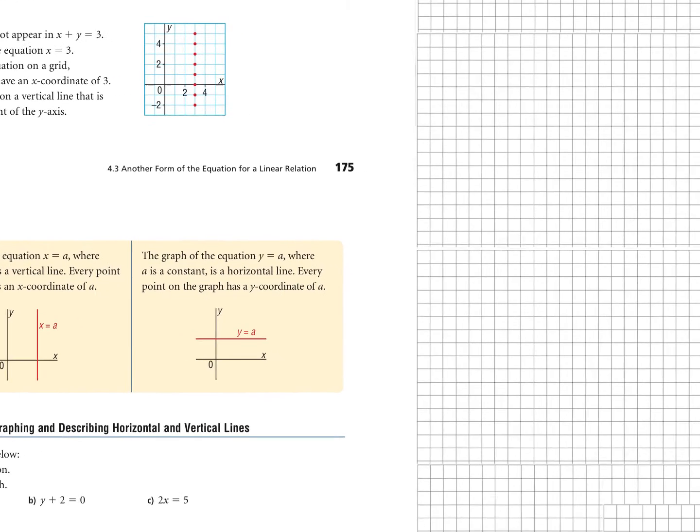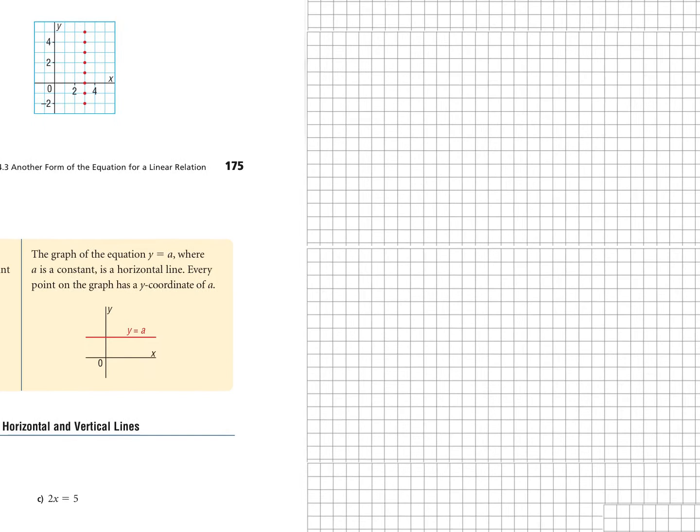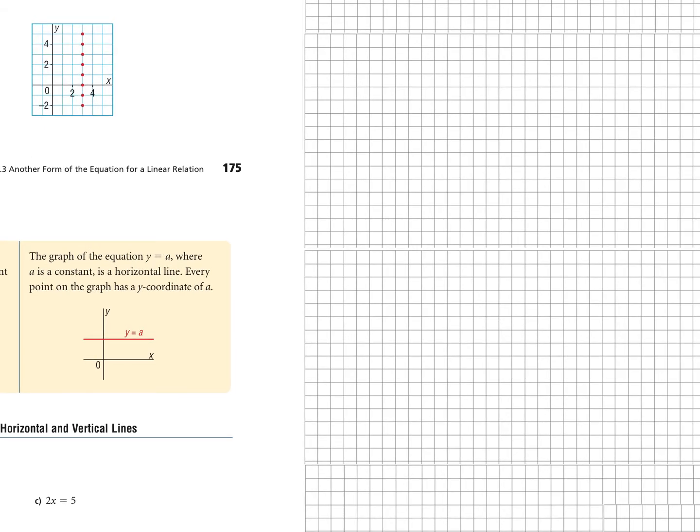And I'm going to come over here to where I have my graph. Now I have the equation x equals -4, and I'm going to create a graph right here.